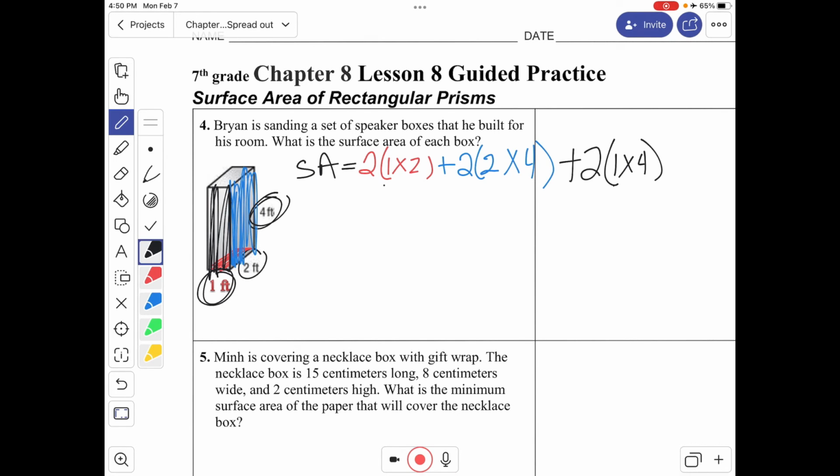Notice again, I used 1 twice, I used 2 twice, and I used 4 twice. So let's work it out. 2 times 2 plus 2 times 4 is 8 times 2 plus 1 times 4 is 4 times 2.